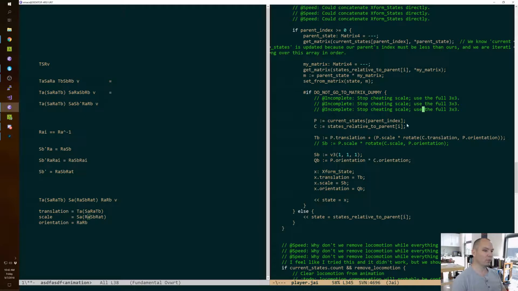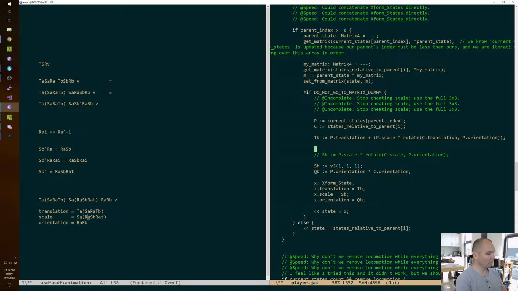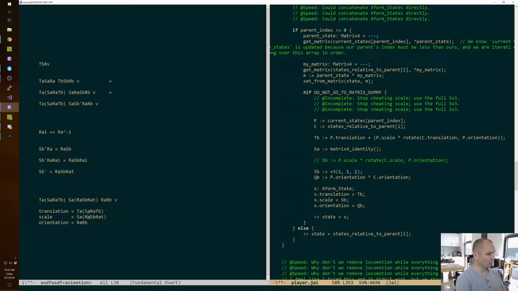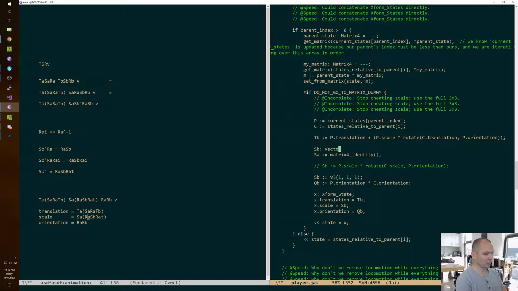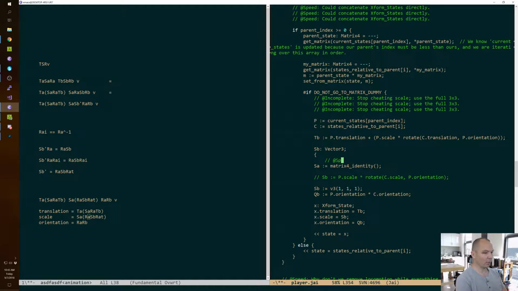All right, so we're going to leave this note because that is relevant. We've got our translation. Our scale is going to be, well, we're going to say SA is a matrix 4. It's going to be identity. Okay, we're going to open a block and say speed.